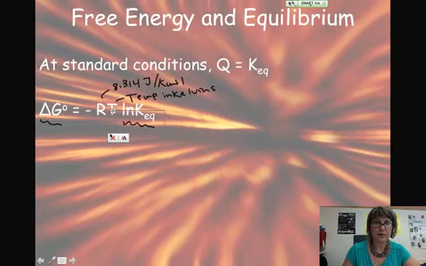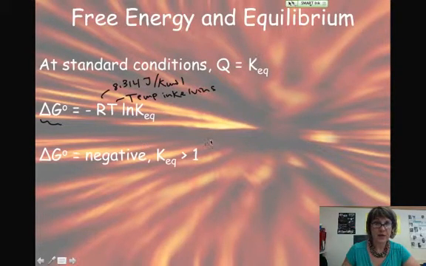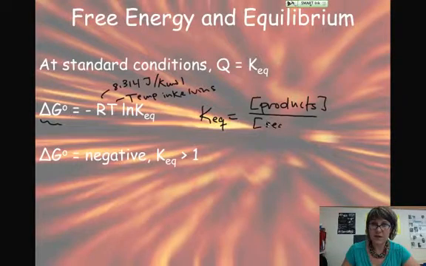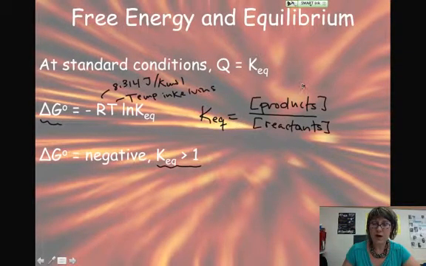What if we are, though, not at standard conditions? If delta G is negative, then let's write an expression for K. The KEQ is written with products over reactants, right? The concentration of the products over the concentration of the reactants. So if delta G is negative, then that means we have a spontaneous reaction and the products are favored, thus KEQ will be greater than 1 because the products will be greater than the reactants.